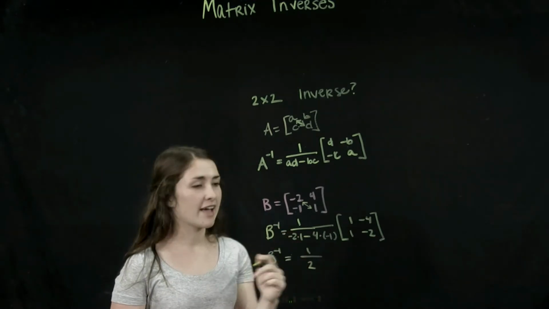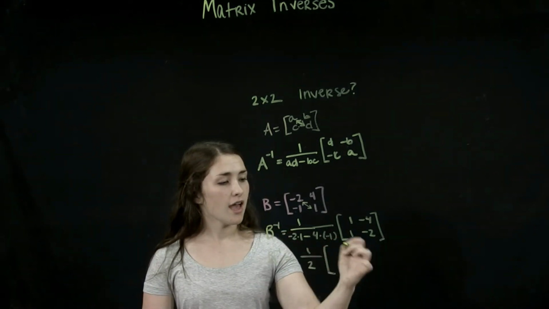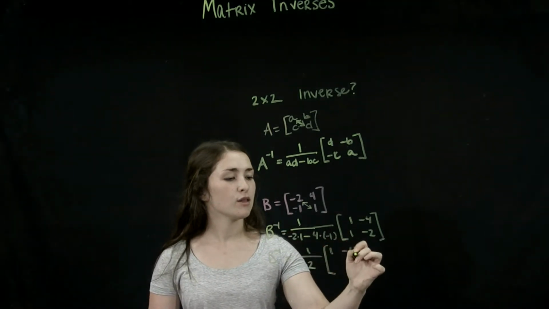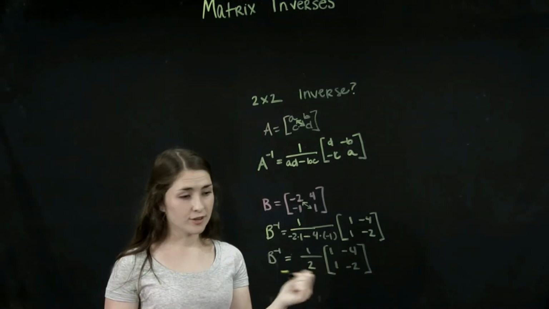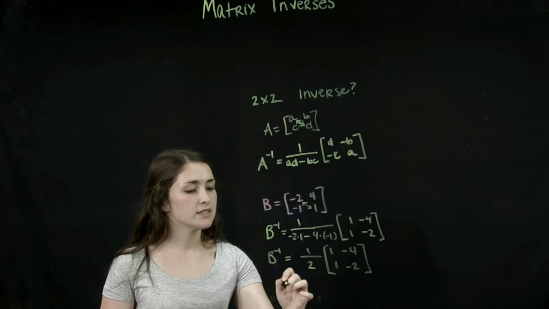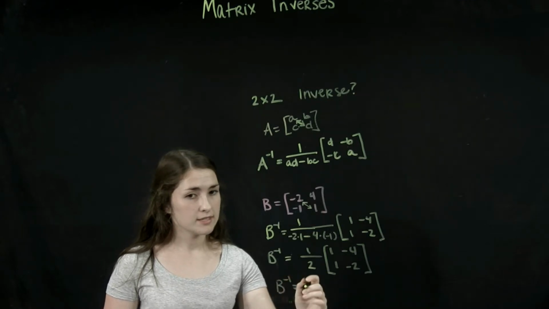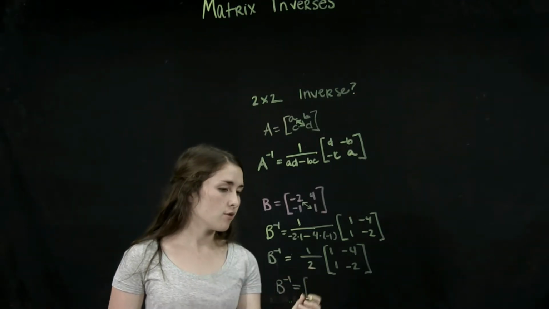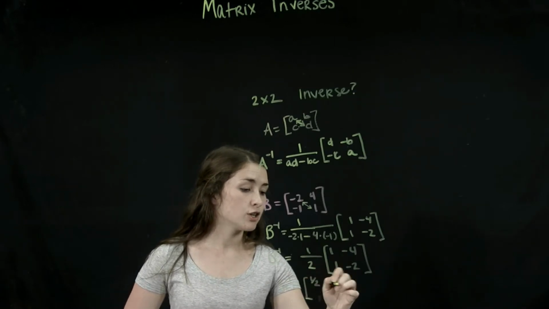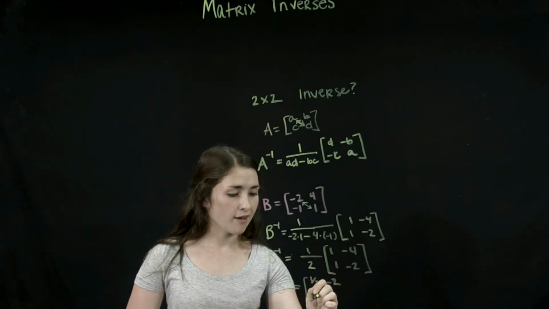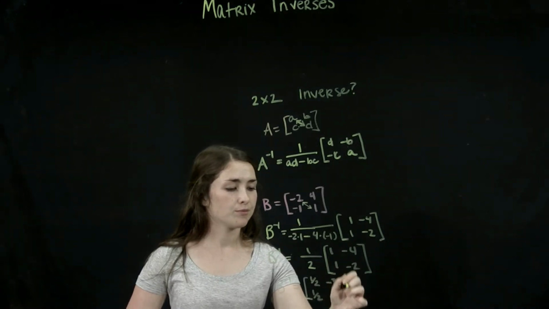Oh, nice easy scalar. And then we're just not going to do anything in here this time. So this is our inverse. We can simplify it one step further to get this matrix. We'll have 1/2, negative 2, 1/2, and negative 1.